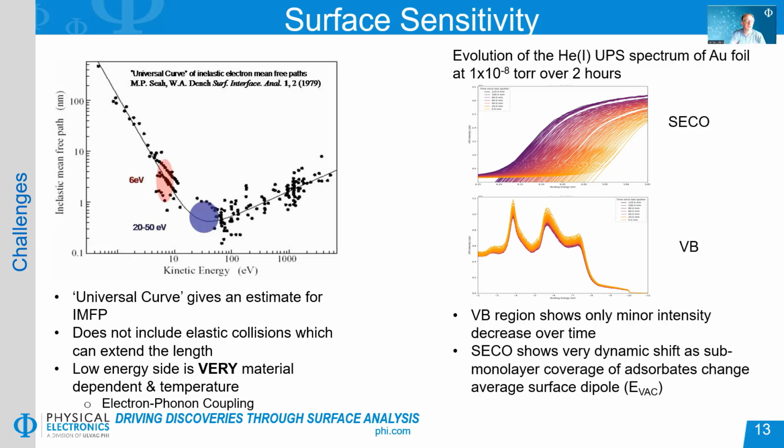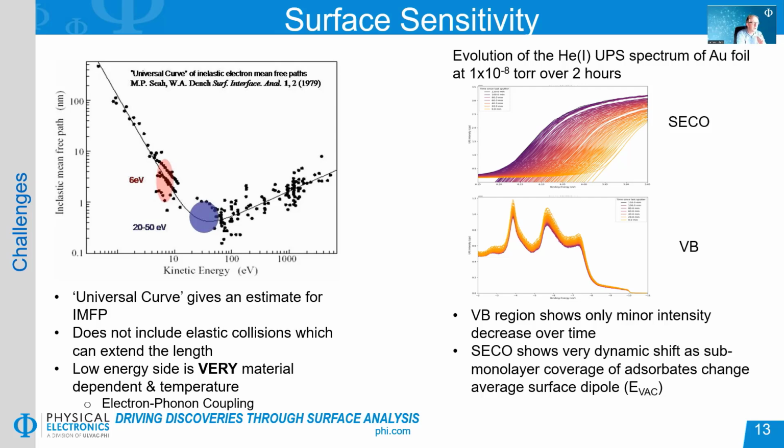But there are other sensitivities, not just the charging. One sensitivity is the surface sensitivity. So in XPS, we think of it as a surface sensitive experiment because it's sensitive to things that are happening in the first, say, 10 nanometers or so. And this is usually based on something called the universal curve of inelastic mean free path. So this is a very old concept in surface science. And this works very well on the high energy side.